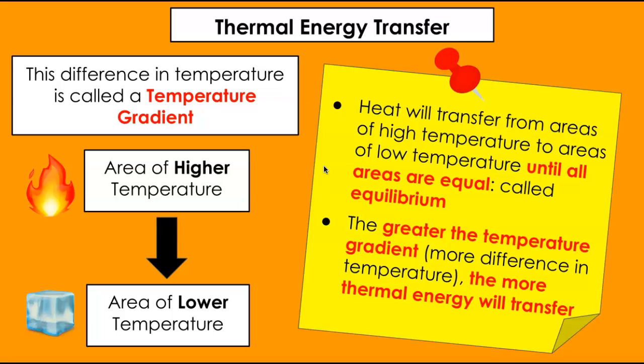For that reason, heat is going to transfer from that area of high temperature to the area of low temperature until the temperature is equal in both areas, or as close to equal as possible with the amount of thermal energy that's present. Based on this, we know that if there is a greater temperature gradient, meaning there's more difference in the temperature, more thermal energy is going to be able to transfer before that equilibrium is reached.